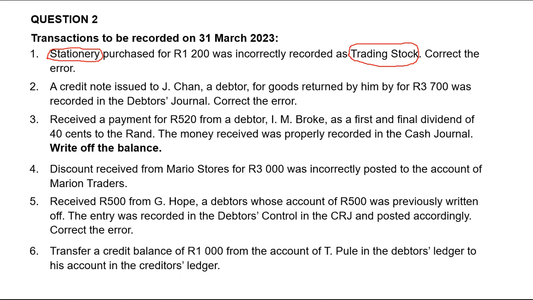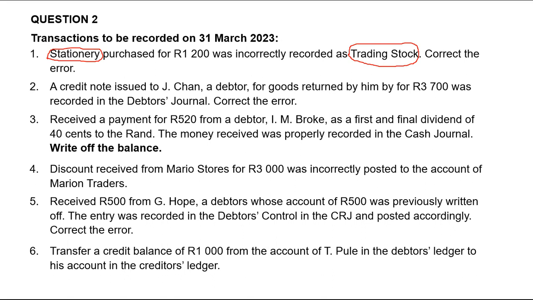It is a tough one because when goods are returned by a debtor, normally 4 accounts will be affected. And all those 4 accounts must be corrected.